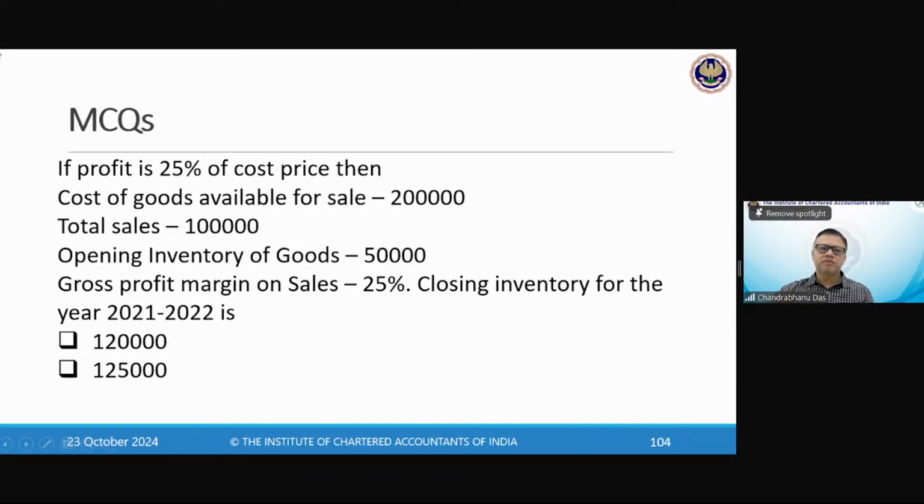Just ignore this top one, profit is 25%, I'm just striking it out.